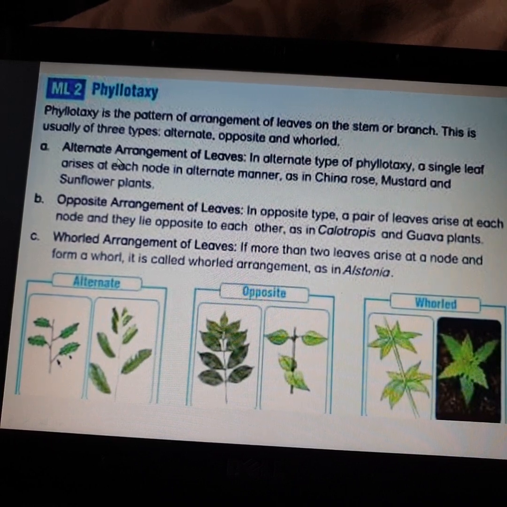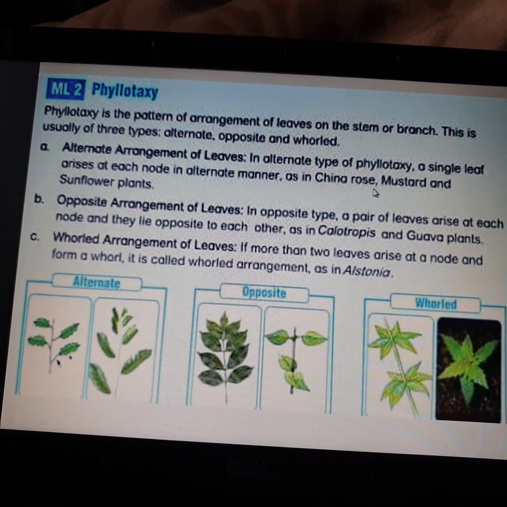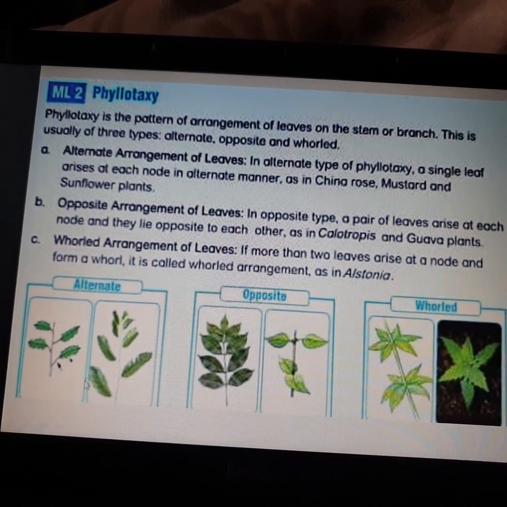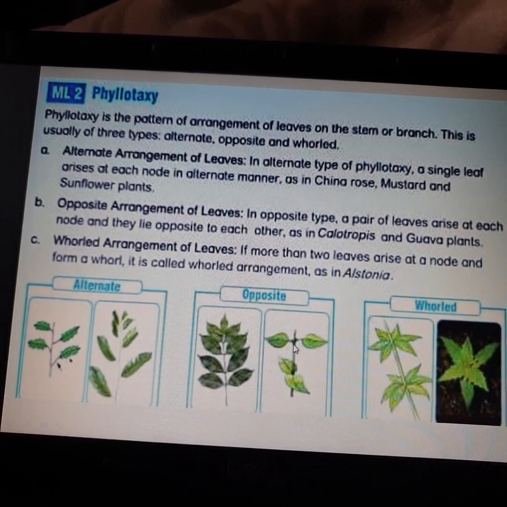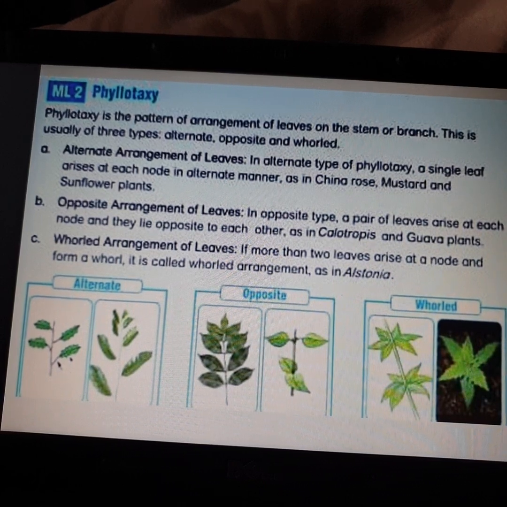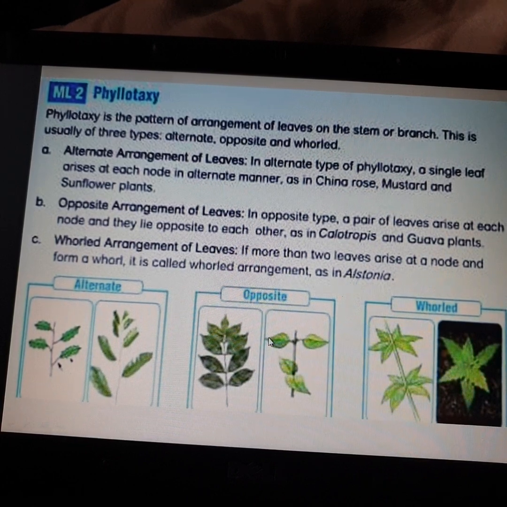For alternate leaf, you can take the example of China rose, mustard, and sunflower plants. You can see alternate leaves. And if you want to see opposite, then the guava plant. So in that you can see the leaves are opposite with each other.